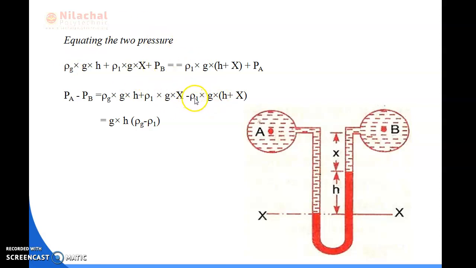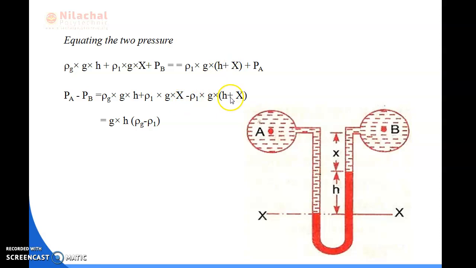That's why this is minus rho 1 G. Here you observe rho 1 G, and here rho 1 G, so you are taking it common: rho 1 into G, H plus X. Because when you take this value, rho 1 into G into X, from left to right, it comes with a negative sign.